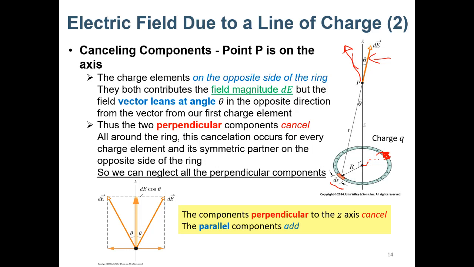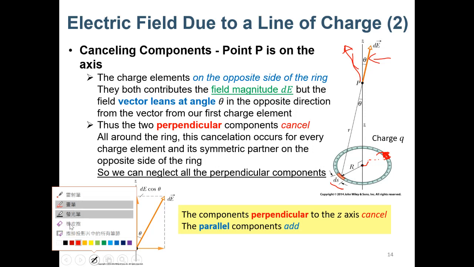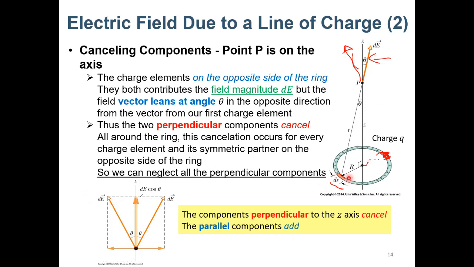Actually, when you try to cut it, it will look like this. So the ds generates dE here. The z-axis is here. And for this other part, maybe we can call it ds prime or whatever you like, it will generate an E field here.